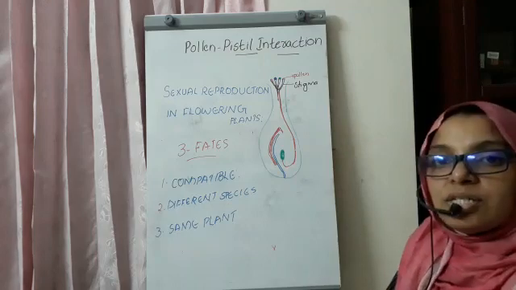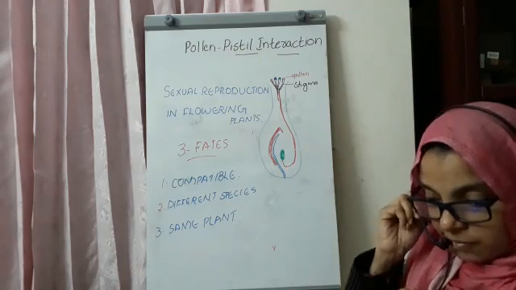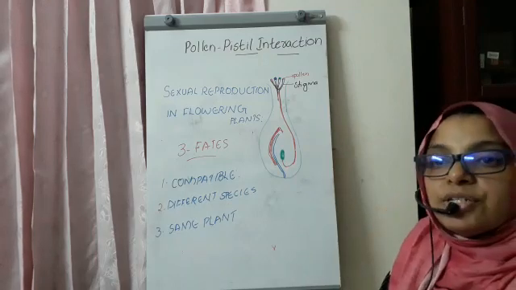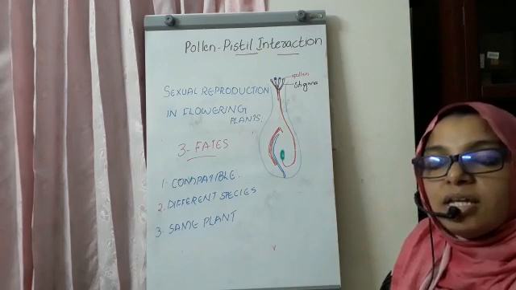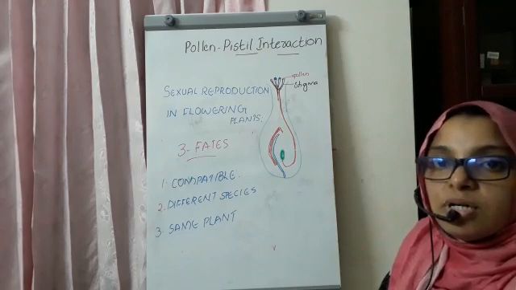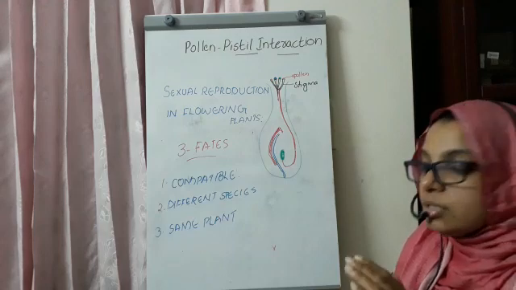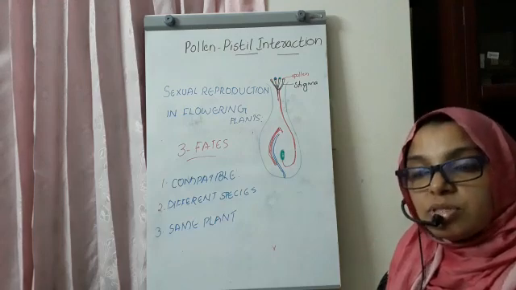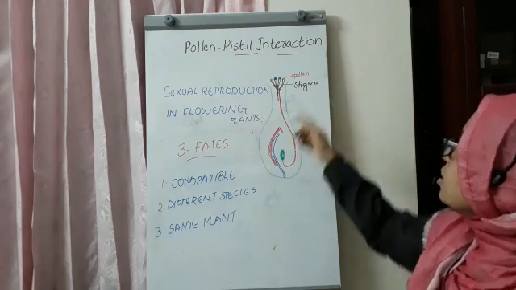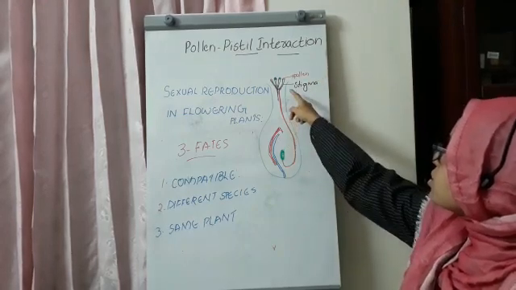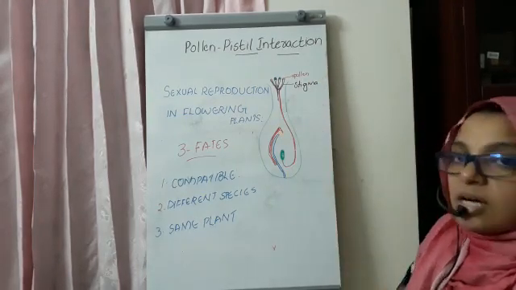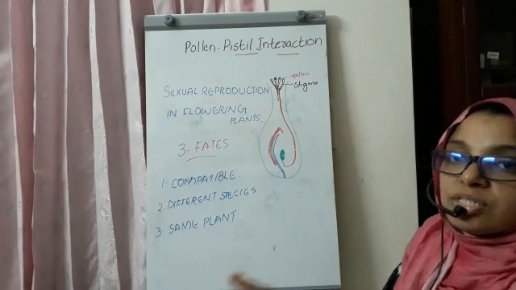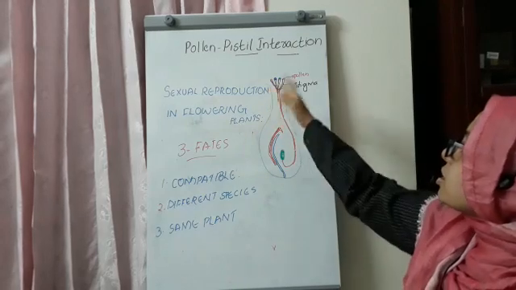From this we should understand that pollination does not give any guarantee that fertilization between the pollen and the pistil will be correct. Not every pollination will be correct because there are different types.